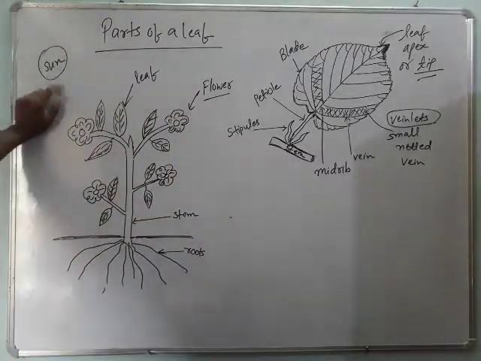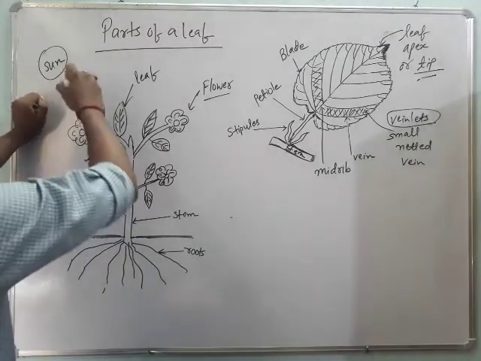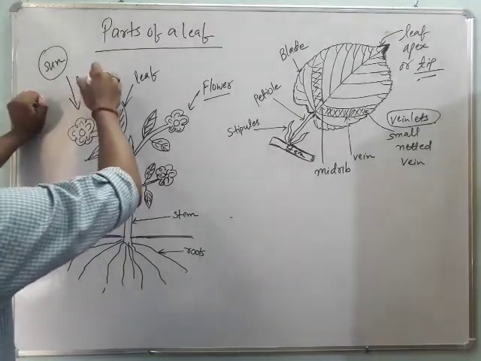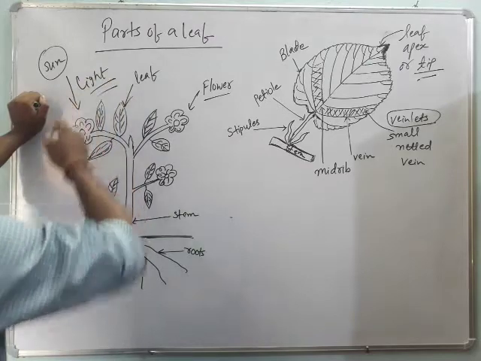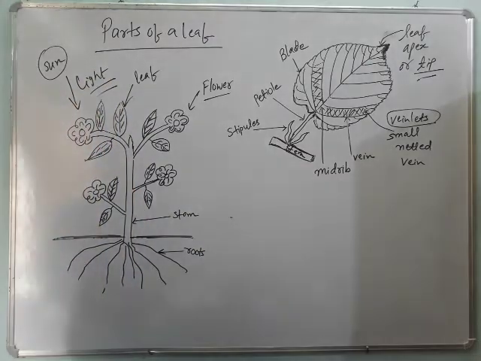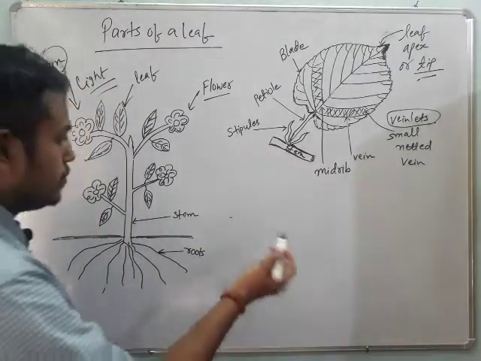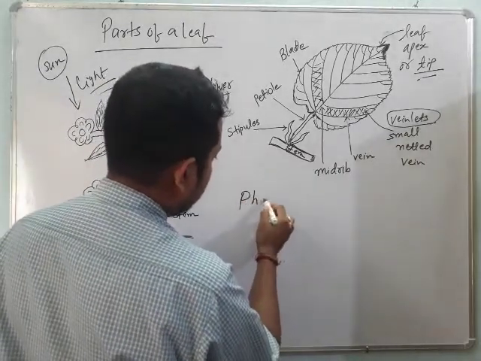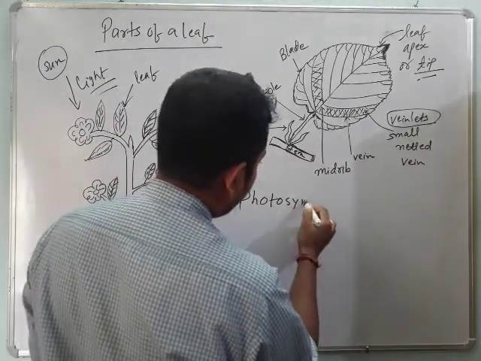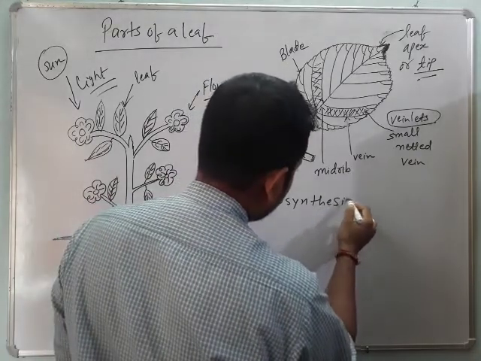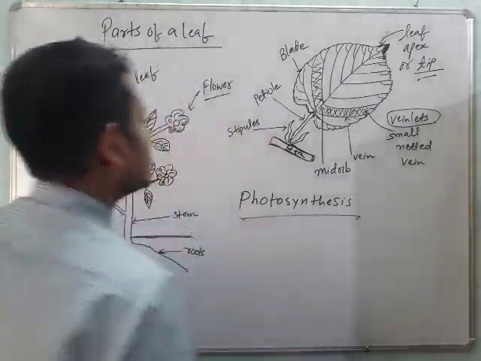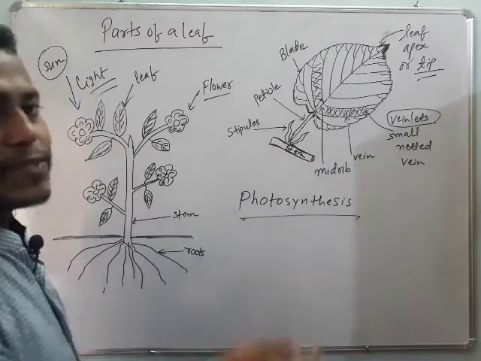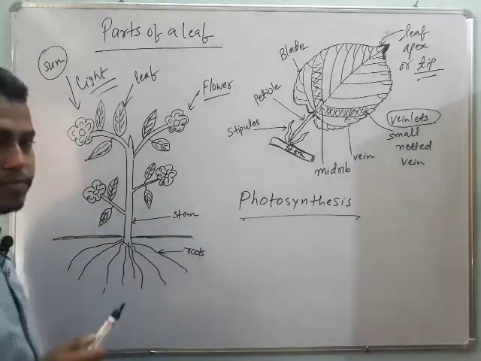See, sunlight gives us light. Now, in the last class I said one word, photosynthesis, and I will explain this photosynthesis here.